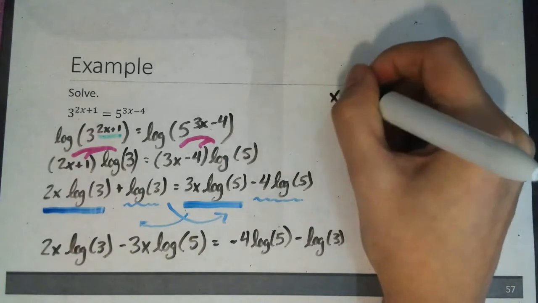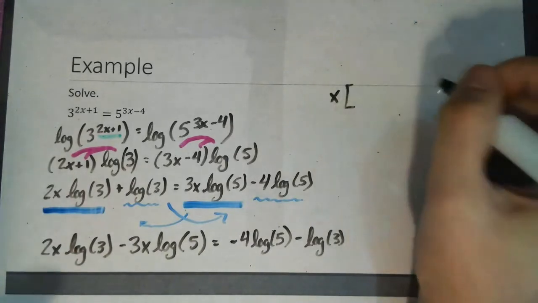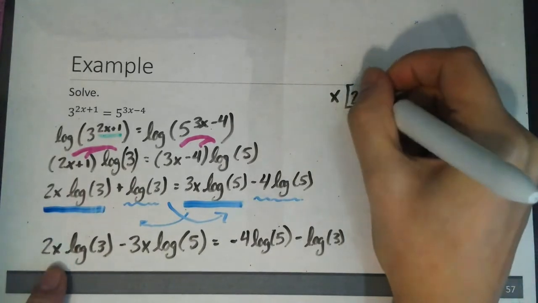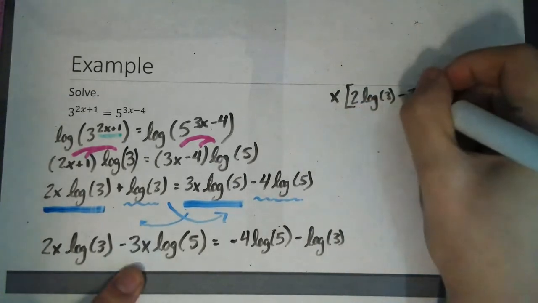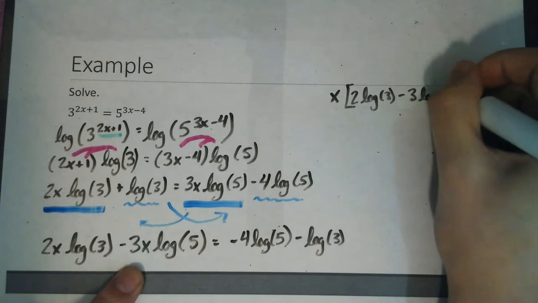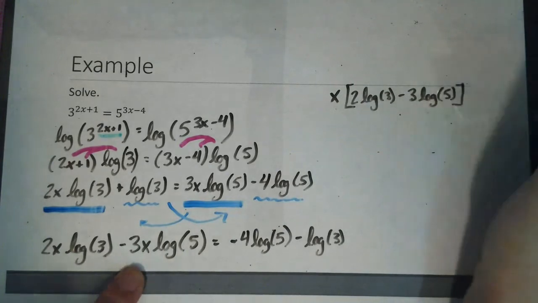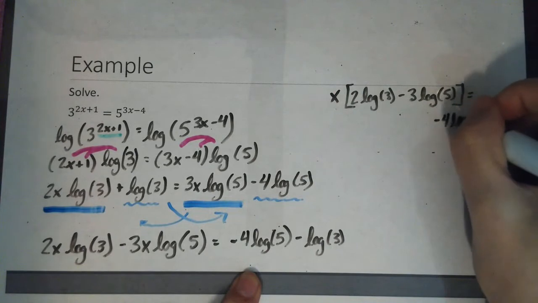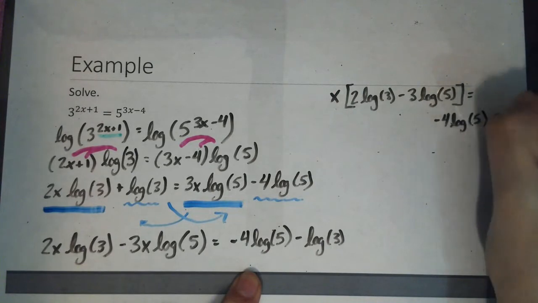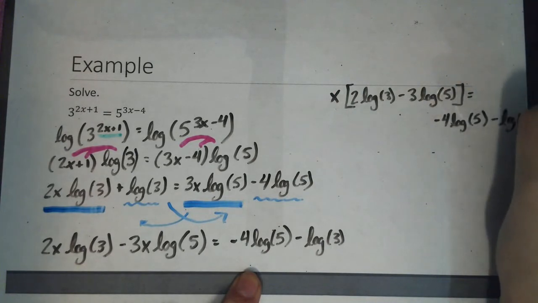So if I pull out an x on the left-hand side, what I'm left with is 2 log of 3 minus 3 log of 5. I'm not going to touch the right-hand side at all, so this is equal to negative 4 log 5 minus log of 3.